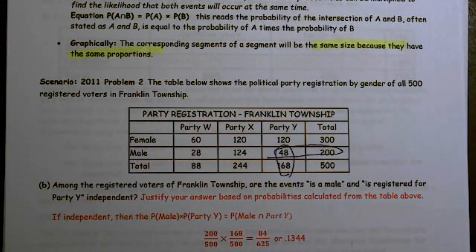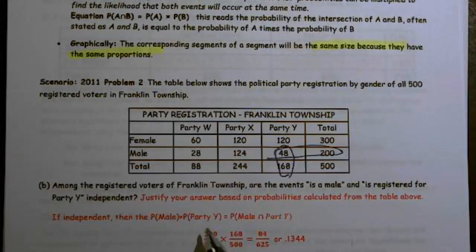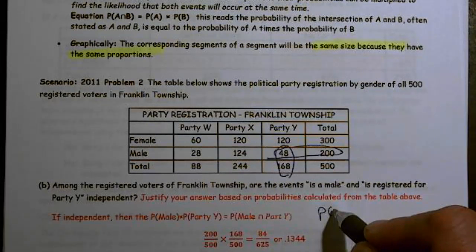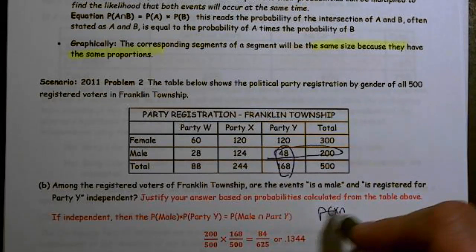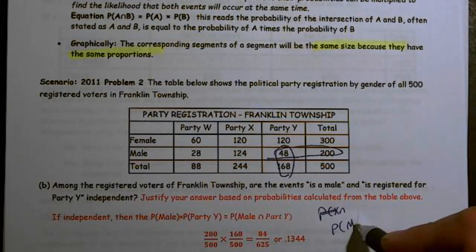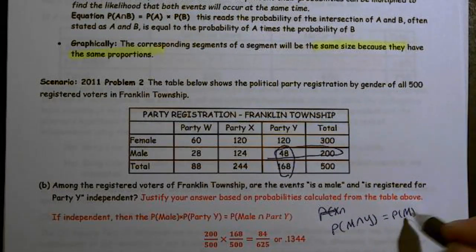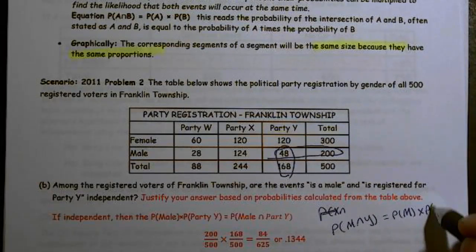So this is Part B. Among the registered voters of Franklin Township, are the events "is a male" and "is registered for Party Y" independent? Well, I can check that. The probability of male and Y would equal the probability of male times the probability of Y if they're independent.